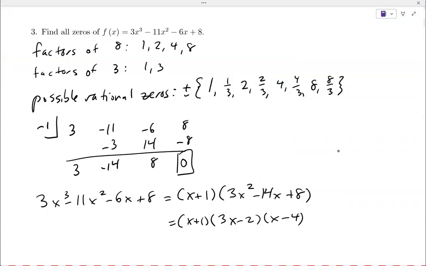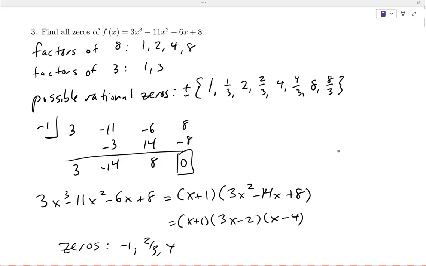X minus 4, right? Then the other one would have been 3x minus 2. Does that give you a 2/3, by the way, when you set it equal to 0? Yeah. Okay. So your zeros here are -1, 2/3, and 4. And we factored the polynomial completely. This is as good as we can get.